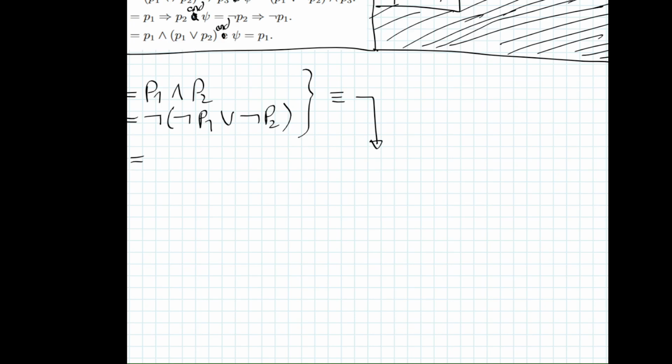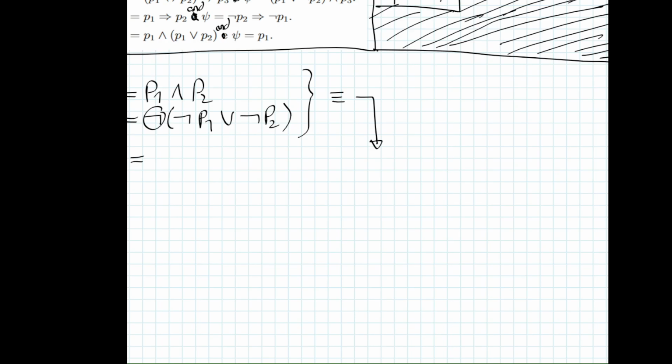The negation of P1. Okay, let's already perform the first step, which is to negate P1 or negate P2. Let's transform this whole thing using the negation back here.